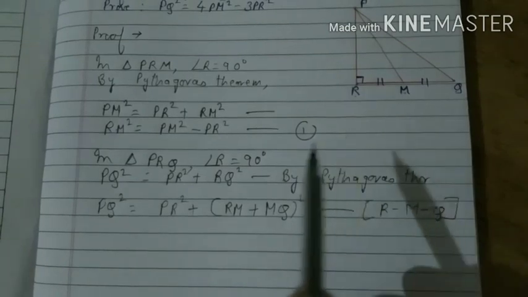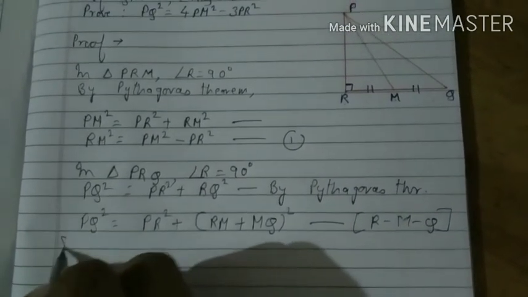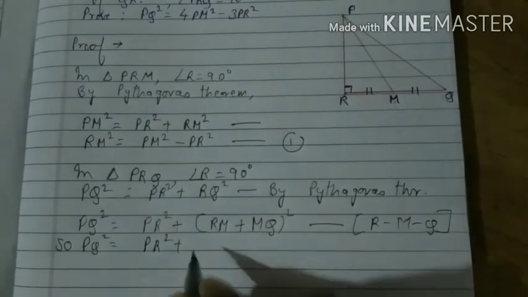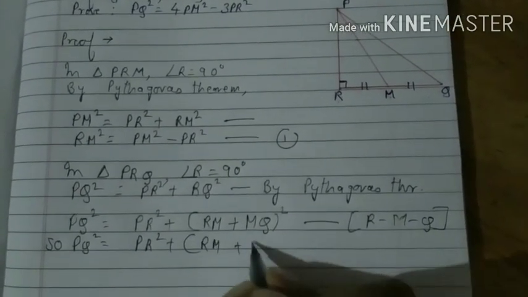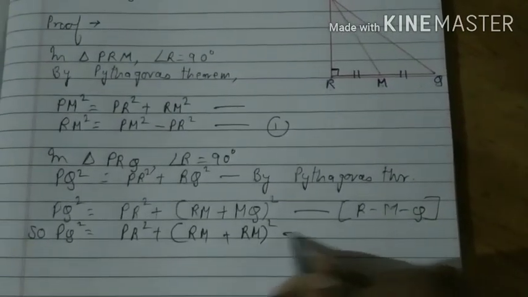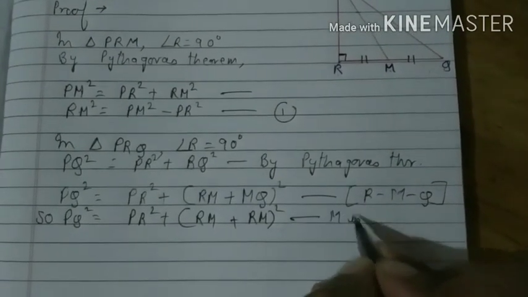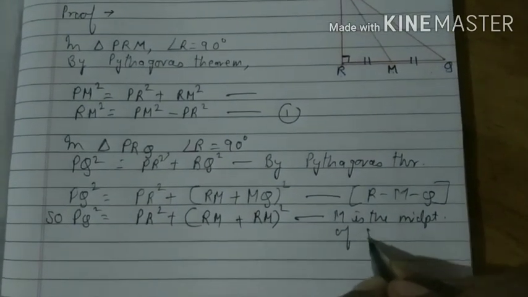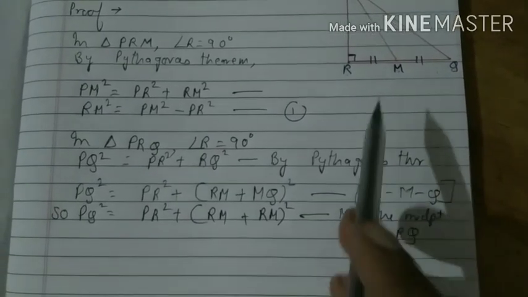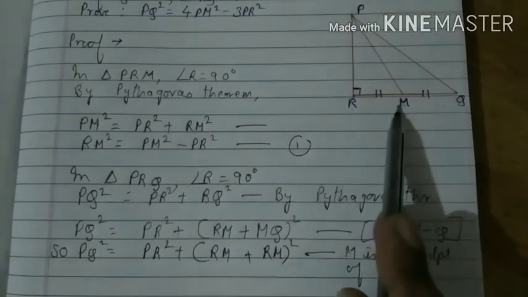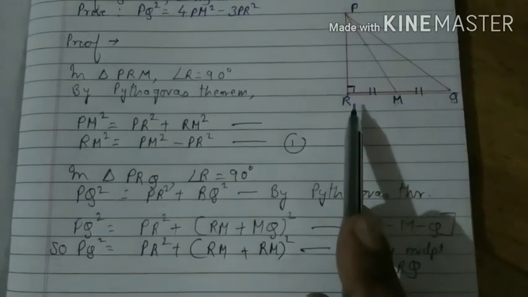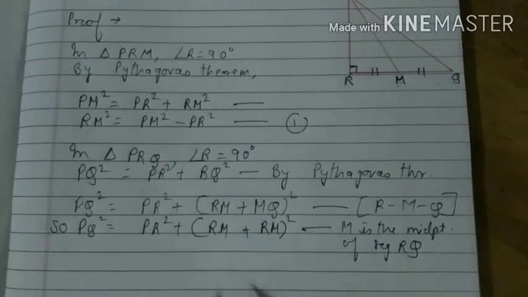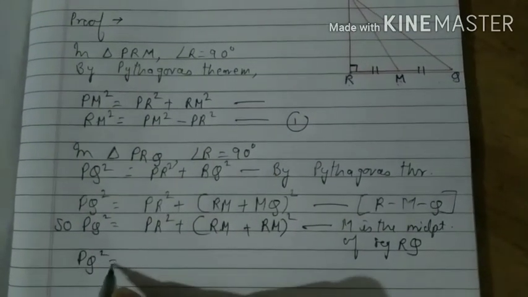So I will write here, PQ square will be equal to PR square plus RM plus RM the whole square, since M is the midpoint of segment RQ. Once again I will explain: since M is the midpoint, both are equal. In place of RM and MQ, I am writing RM and again RM because they are congruent. So again PQ square remains the same.